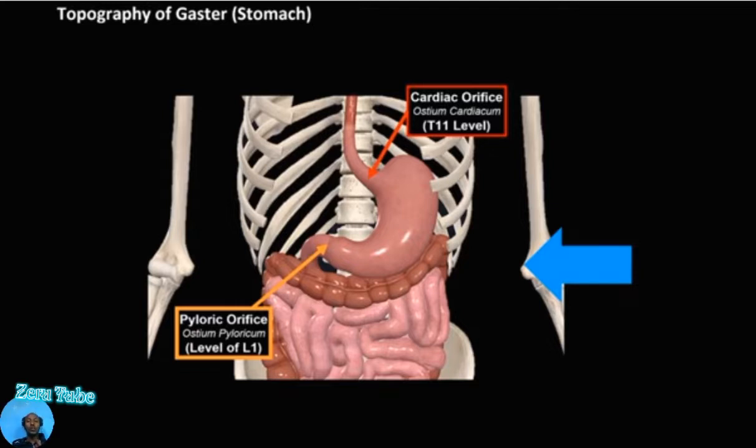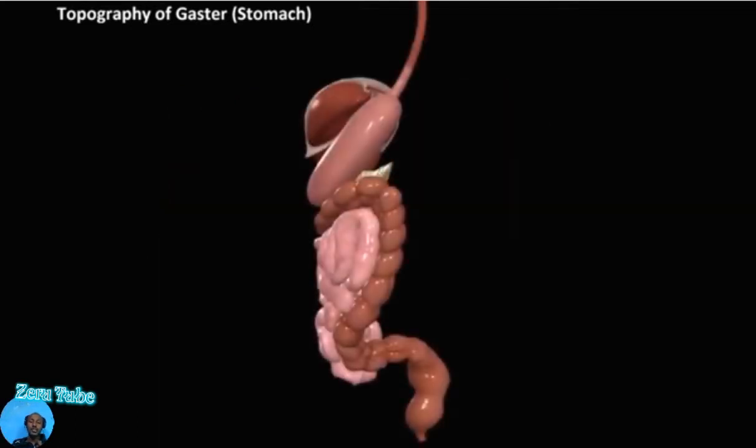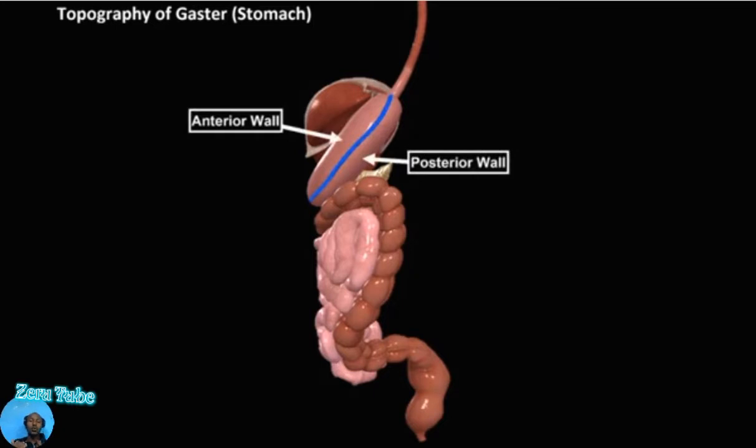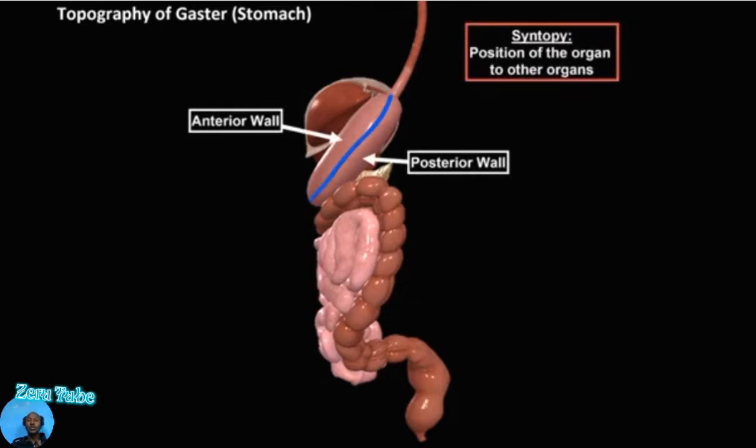When we see the stomach on the back side, we can get such likes of figure. So the stomach has anterior wall and posterior wall. When we see in the back side, there is a relationship, or the syntopy of the stomach.